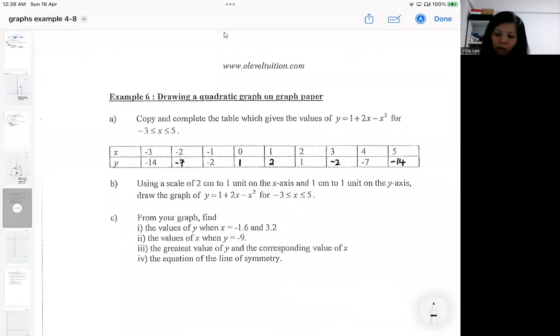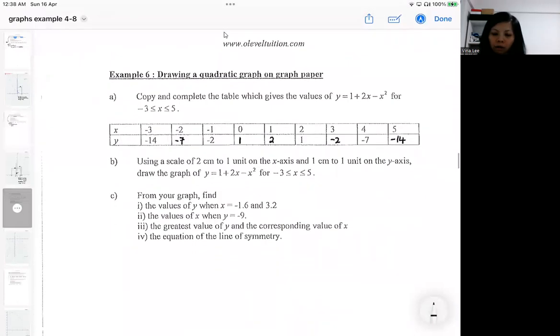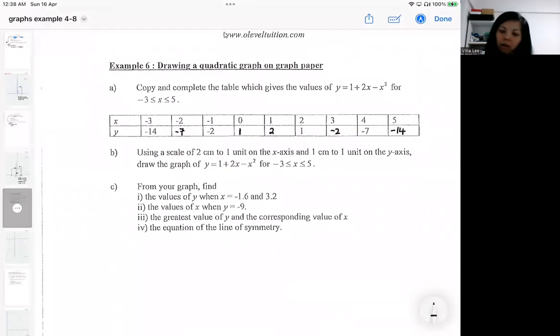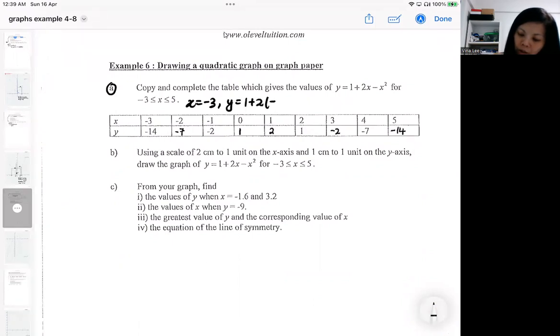Okay, example 6 is going to be the same thing. So again, the reminder will be, when you put in negative numbers, please make sure you remember to bracket it in your calculator, particularly negative numbers.